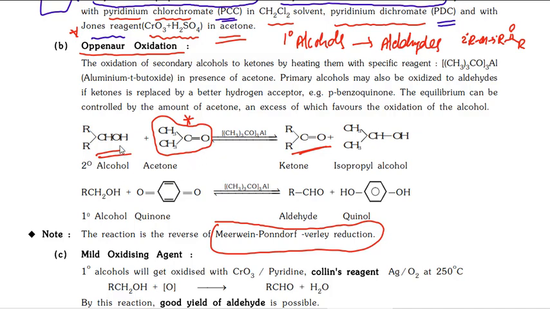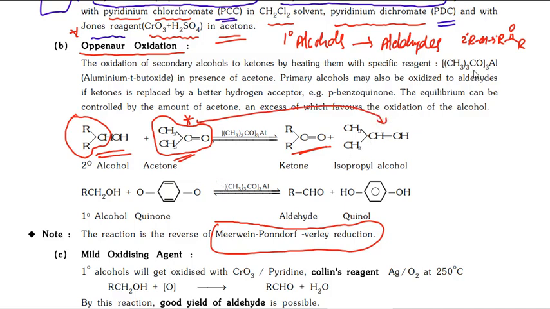So simply in this equation, the alcohol is converting into ketone, and the ketone is converting into alcohol. This is the main thing.